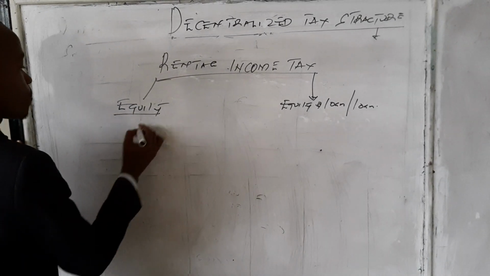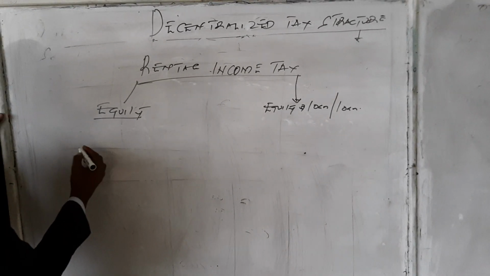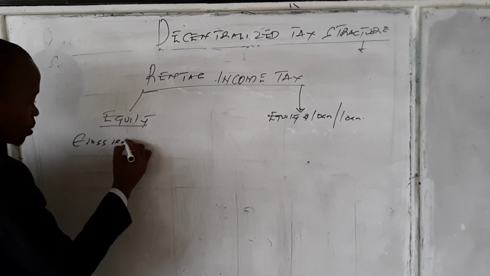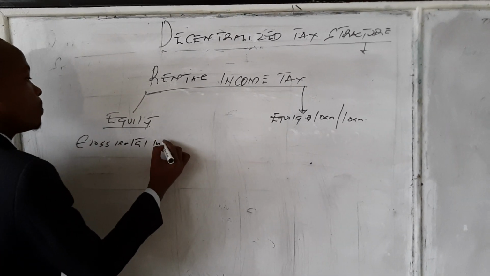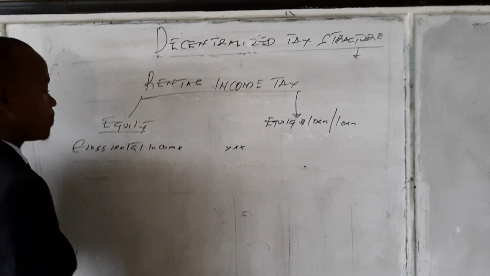So this brings the issue of you need to come up with a gross rental income. You put your figure here.